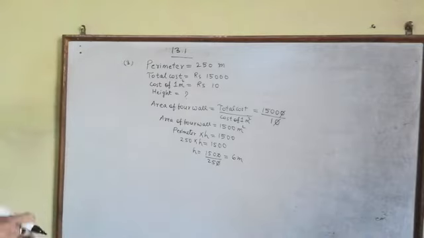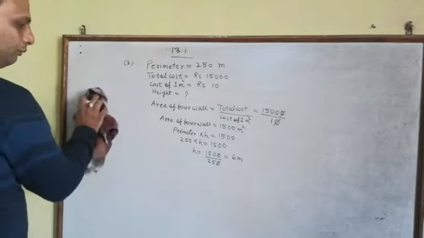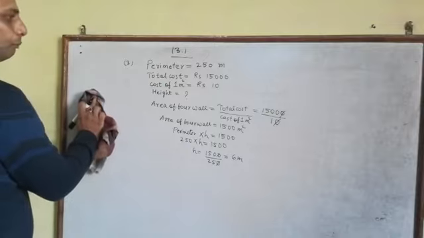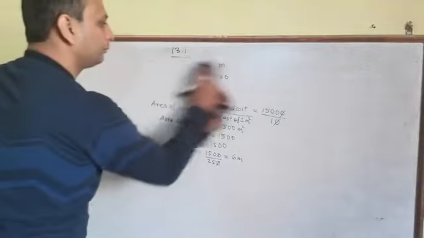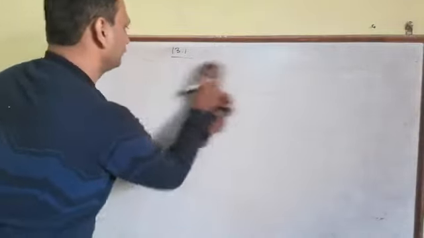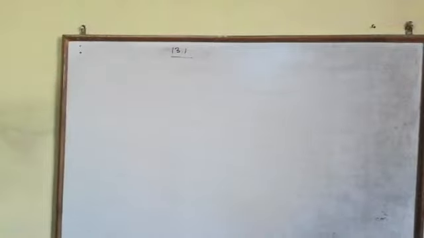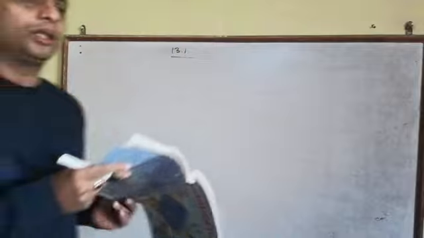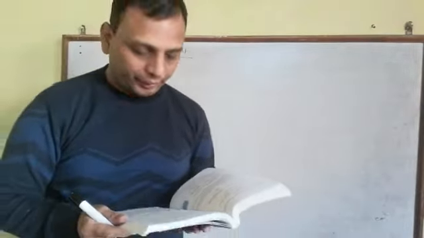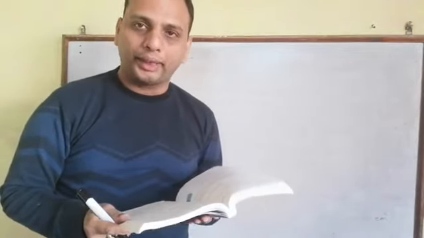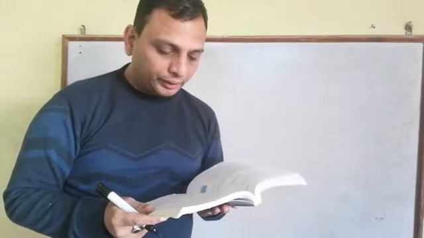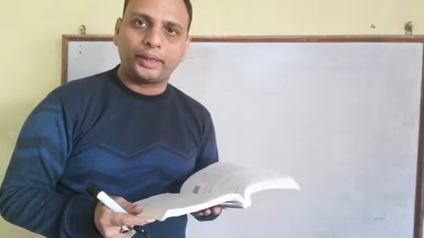Now we will take question number 4. In question number 4, we have to find the number of bricks to be painted. You have to understand this question: the paint in the container is sufficient to paint an area equal to 9.375 meter square.